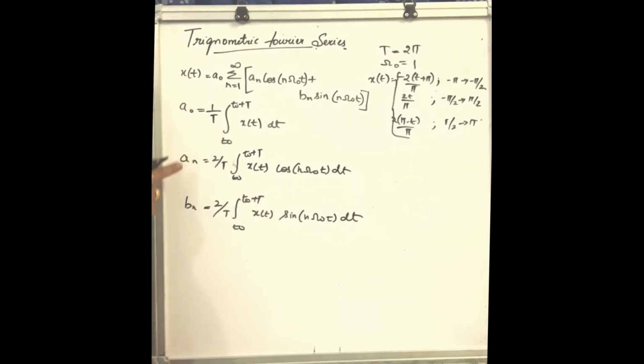So you have to find a naught, an, bn, and finally substitute all the three in x of t.